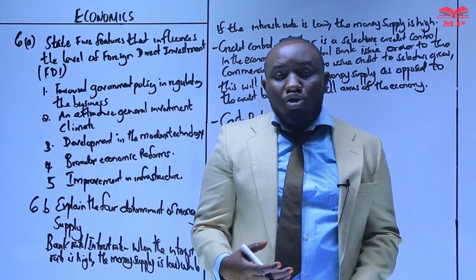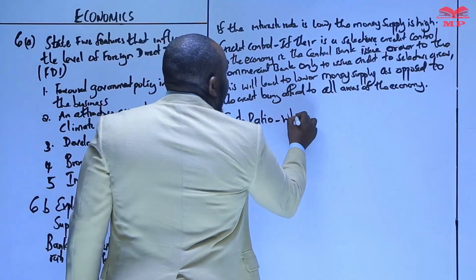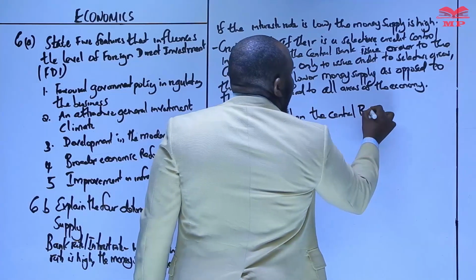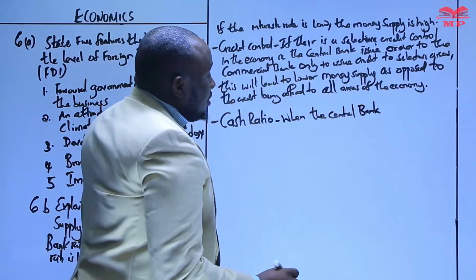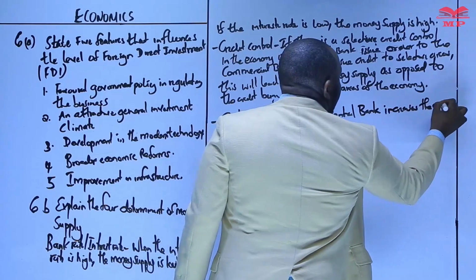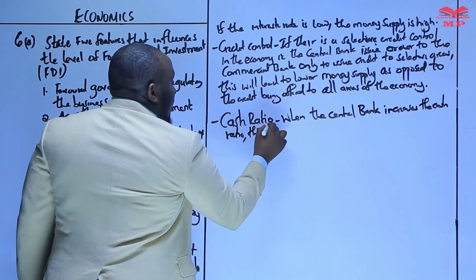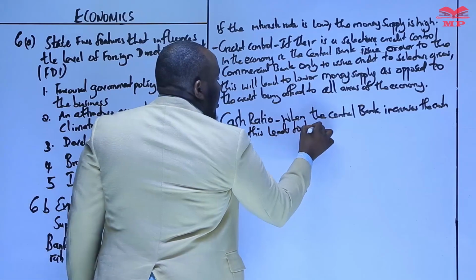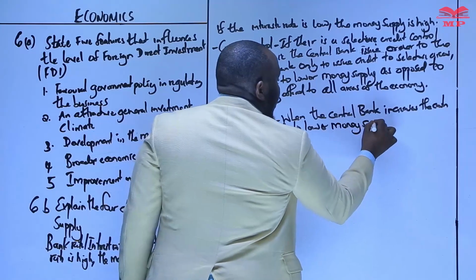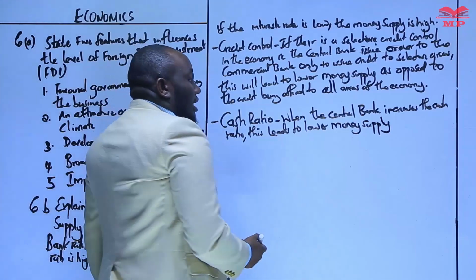For example, when the central bank increases the cash ratio, this leads to lower money supply, especially during times of inflation.